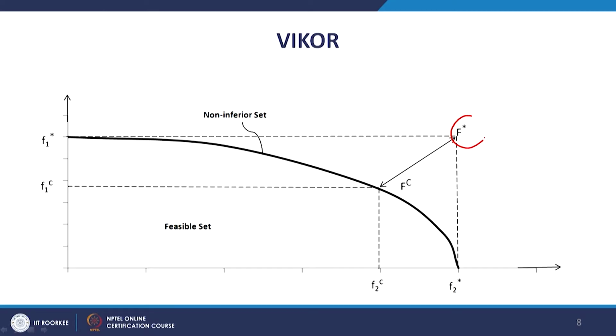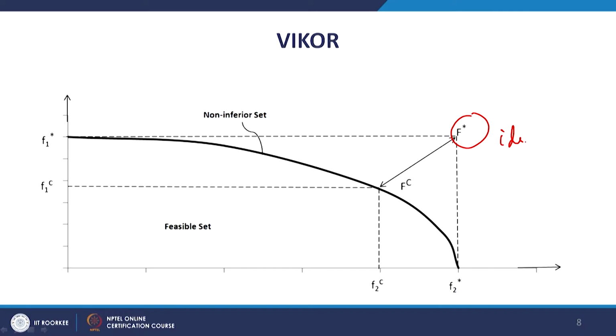Here you can see that this is our ideal point. One difference that you can notice in VIKOR in comparison to TOPSIS is that we are just comparing with the ideal point. So, there is no anti-ideal point in case of VIKOR. So, this is our ideal point, and this is our compromise solution.